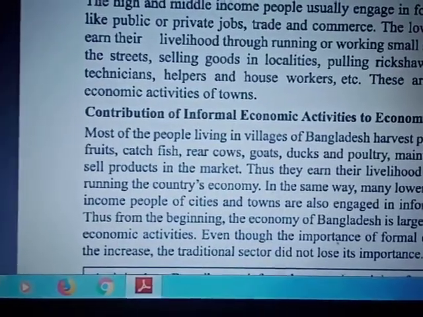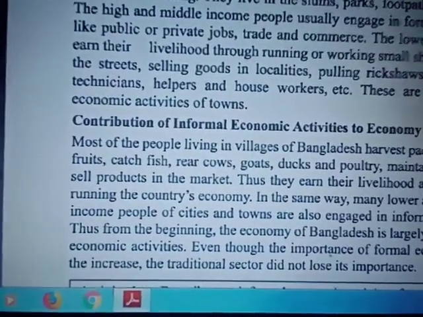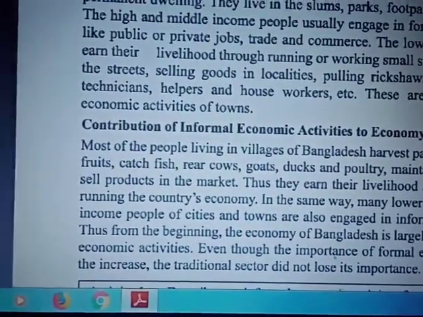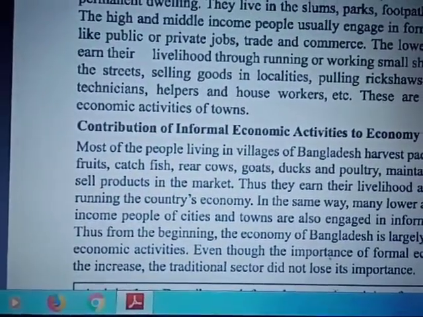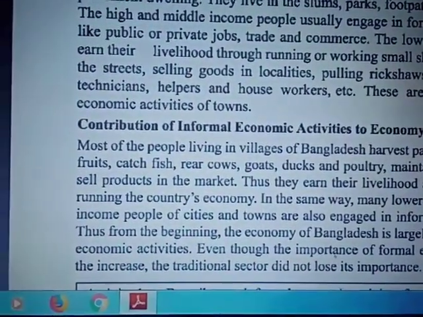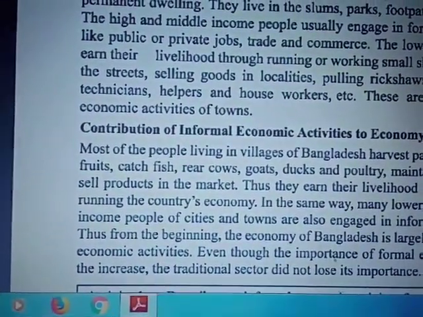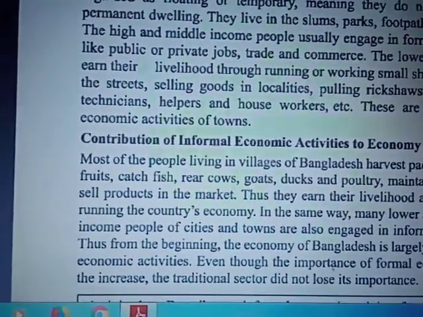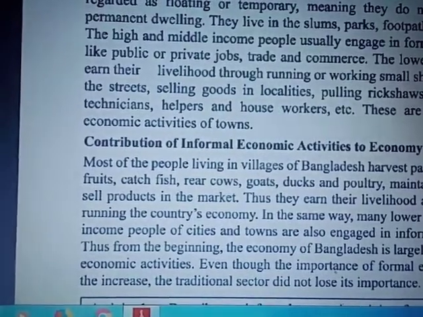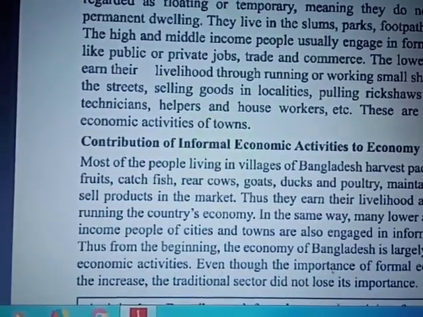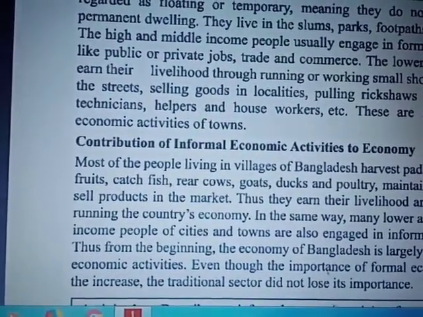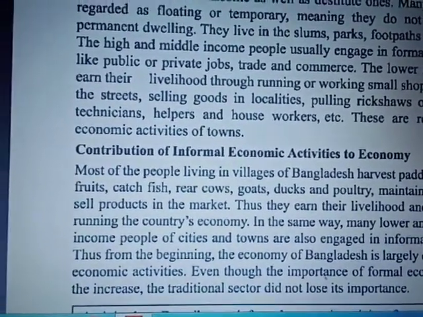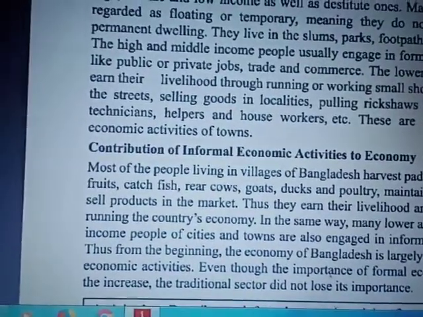When you pass through neighborhood roads, you see some hawkers selling goods in localities. This type of work is informal activity. Pulling rickshaws or push carts, porters, technicians, helpers, and house workers are regarded as informal economic activities of towns.